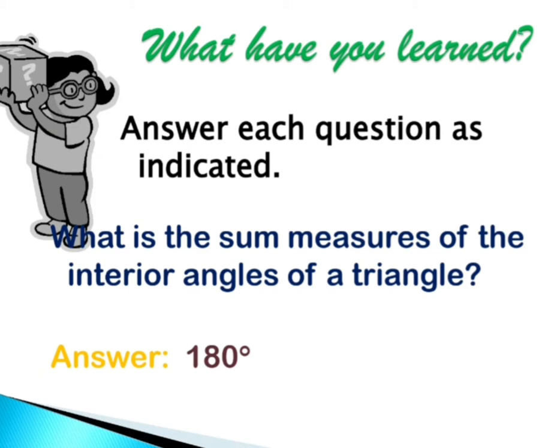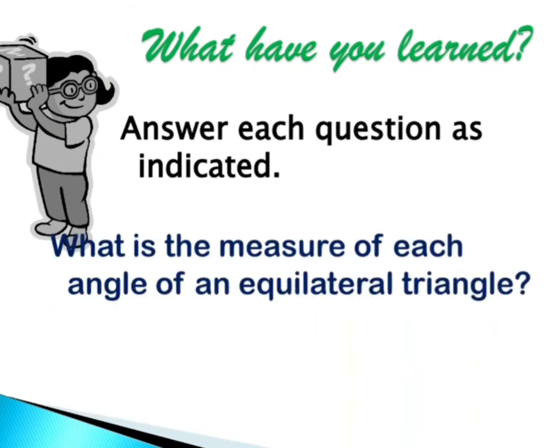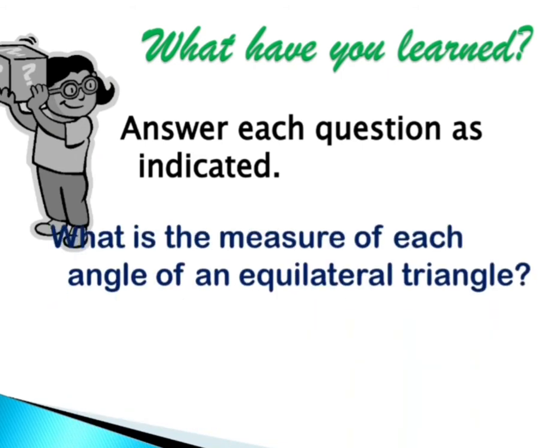As we learned before, it will be 180. What is the measure of each angle of an equilateral triangle? It will be 60. How? It will be 180 divided by 3 angles, which equals 60.